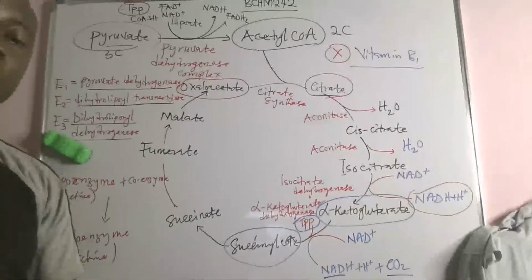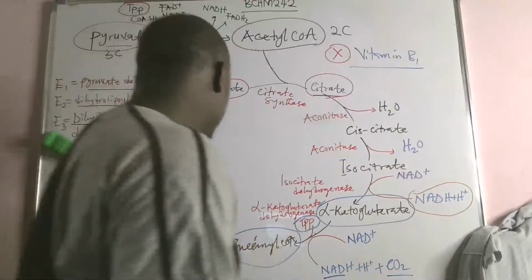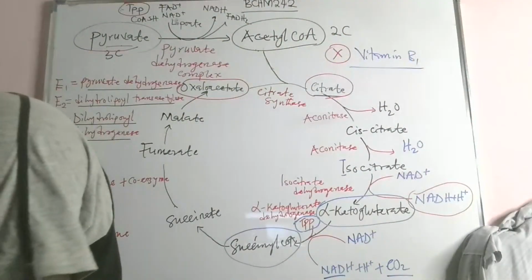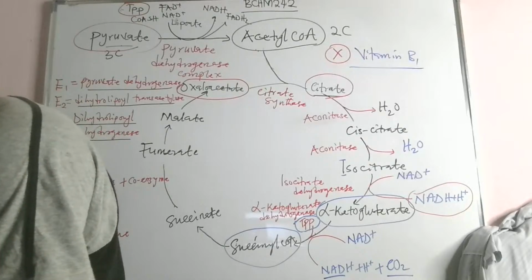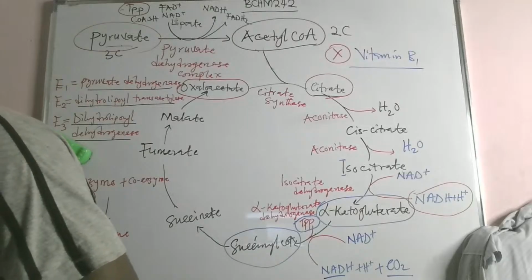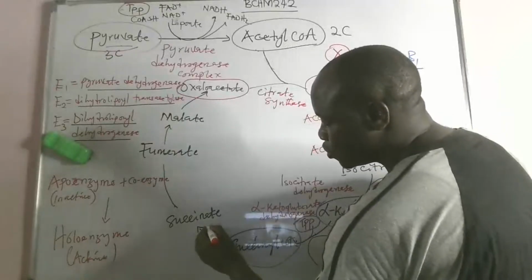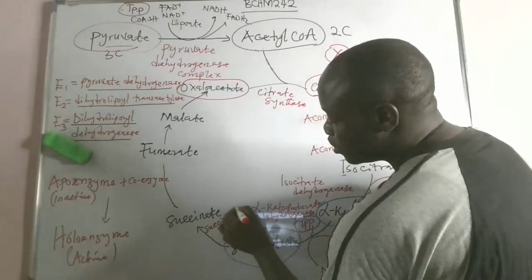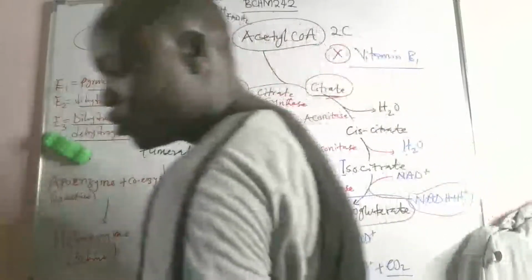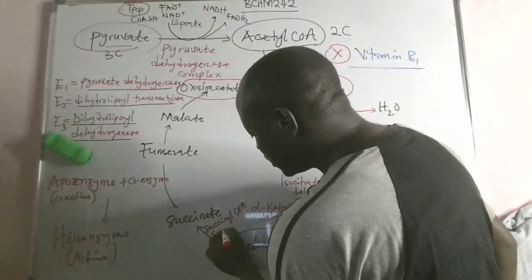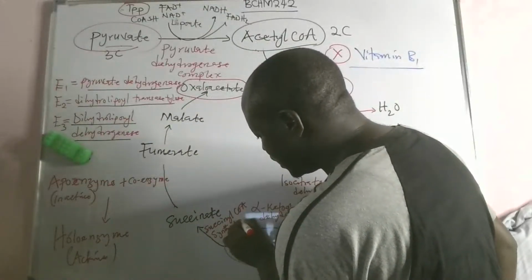So the next thing, of course, is the conversion of succinyl-CoA to succinate. The enzyme that does this work is called succinyl-CoA synthetase.